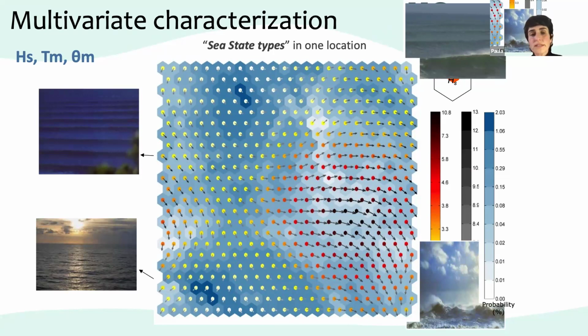And each of these clusters can represent well-developed swells or rough sea states, and we can also calculate the probability of the occurrence of these sea state types. And we can do it more complex, for example, using instead of the bulk parameters, the sea and the different swell components of sea states.